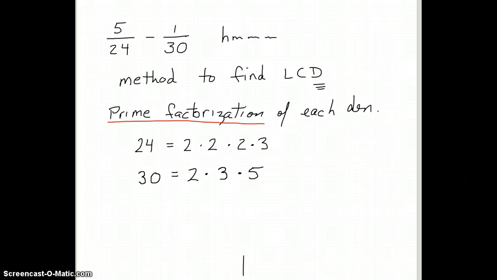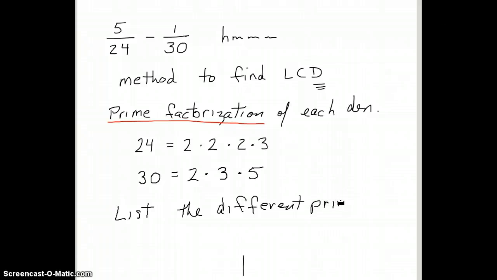Then we're going to list the different primes. So in this case we have 2, we have 3, and we have 5. So I've just taken from these prime factorizations, I said, well, we have a 2, we have a 3, and we have a 5.